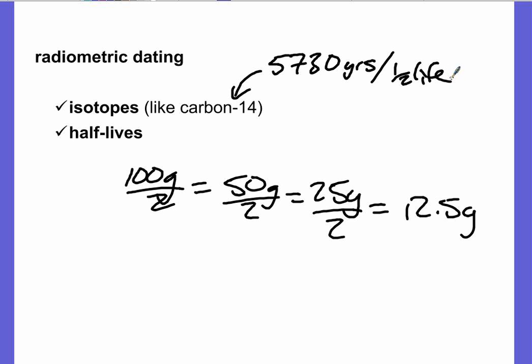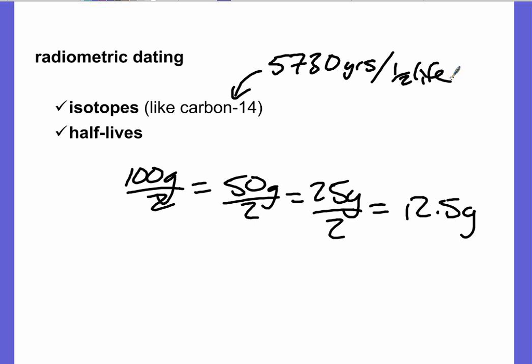Then I can estimate the age of my fossil because all I have to do is take that half-life times the number of half-lives that have gone by, and it should give me an approximate age for that thing. So assuming in this example there was originally 100 grams of that carbon-14 and now there's only 12.5 grams, 3 half-lives have gone by.